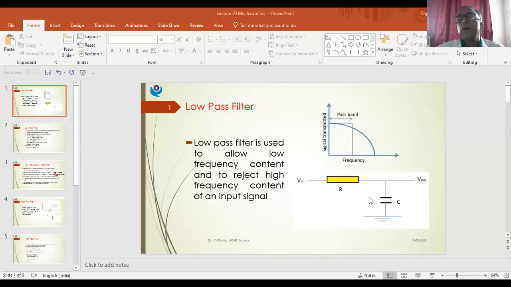And we also saw the 1 by C integral sign. If I want to use operator D, then for the integral, what will be the operator form? The integral will be replaced by 1 by D. So what will be the voltage drop across the capacitance? The voltage drop across the capacitance is equal to 1 by C integral of I dt, isn't it?